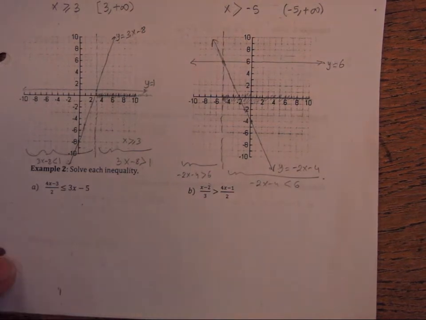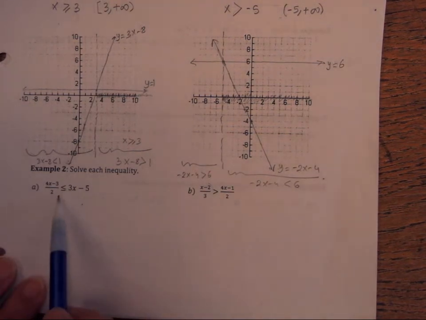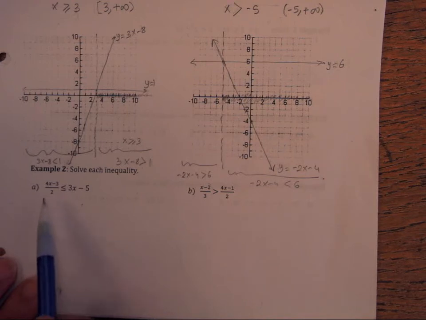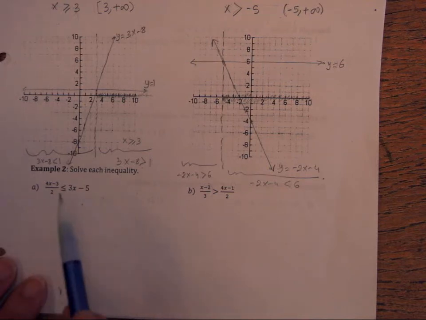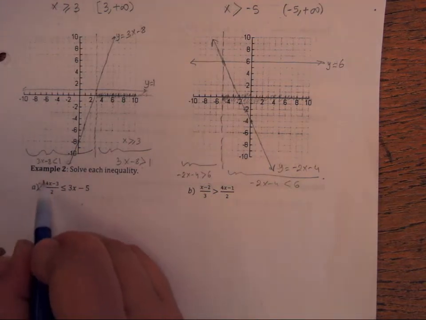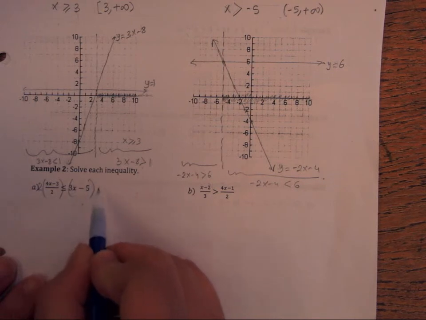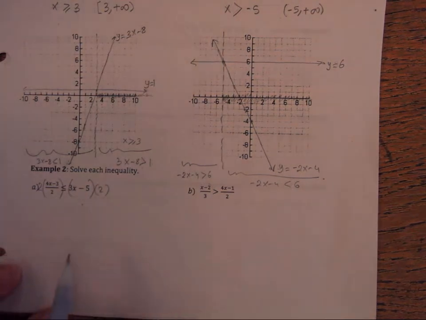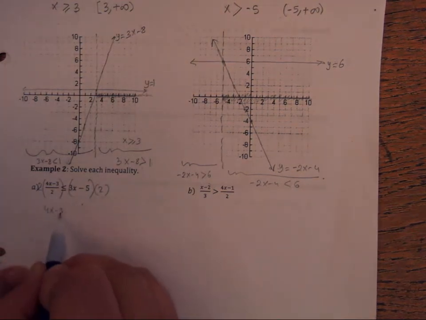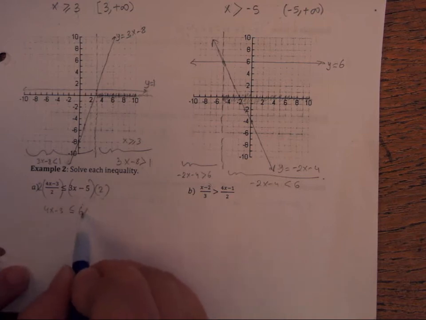As you see now, we have x on both sides and we have numbers on both sides. So what are we going to do? First, if you see a fraction, get rid of it right away. We see 2 in the denominator, so we can multiply both sides by 2 to get rid of it. So we have 4x minus 3, 6x minus 10.